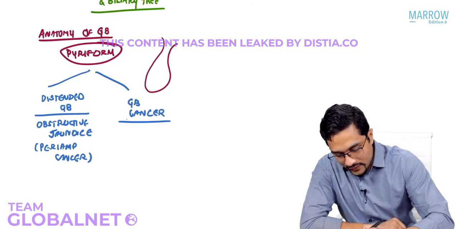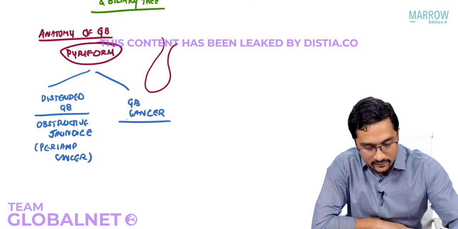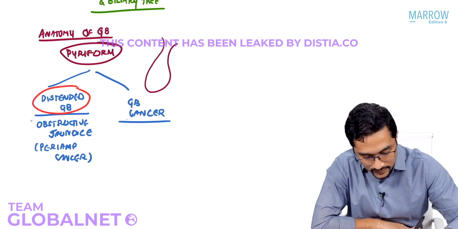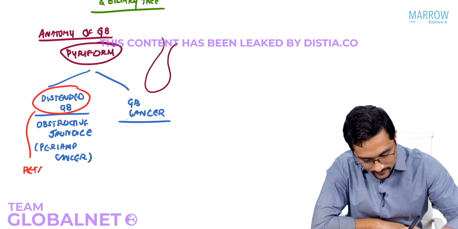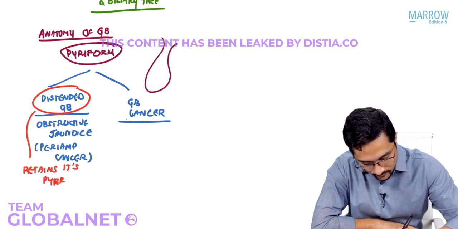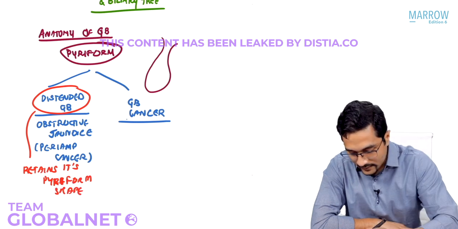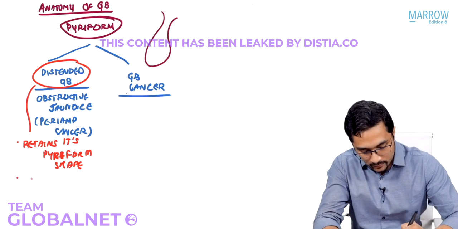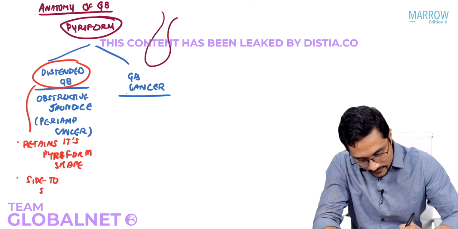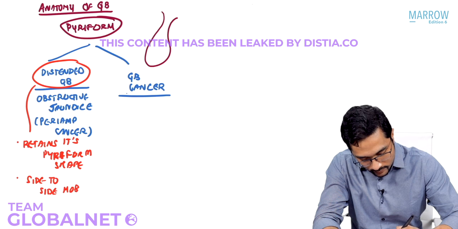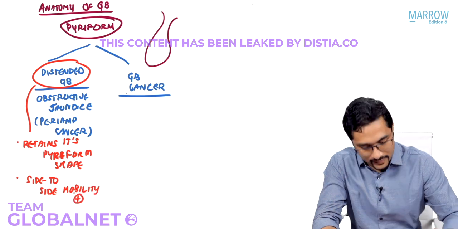And how we differentiate the two is that when there is a distended gallbladder, it retains its pyriform shape, and there is some side-to-side mobility as well, which can also be seen on examination.